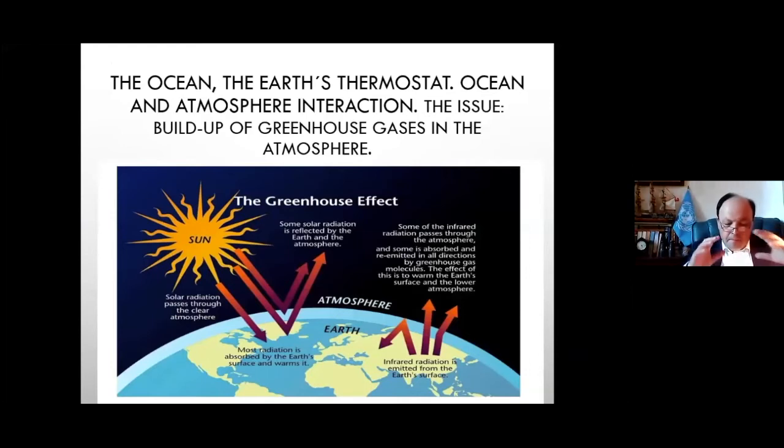But we have to remember that the heat in the atmosphere has two sources mainly. One is internal to the atmosphere, the other one is external to the atmosphere. The internal one is, of course, volcanoes. It's an internal source of heat, comes from the core of the Earth.